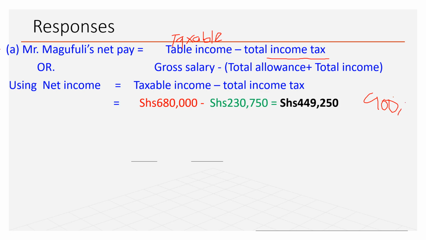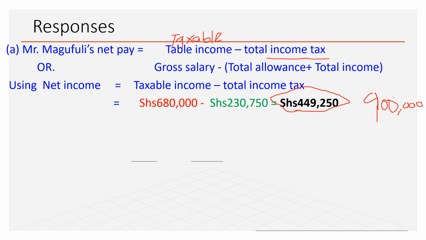So this 900,000, we get to realize that after all deductions have been made, that is the allowance and the income tax, everything subtracted, we get the 900,000 dropping to 449,250 shillings.